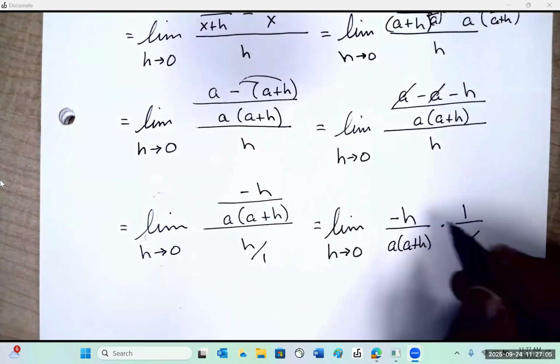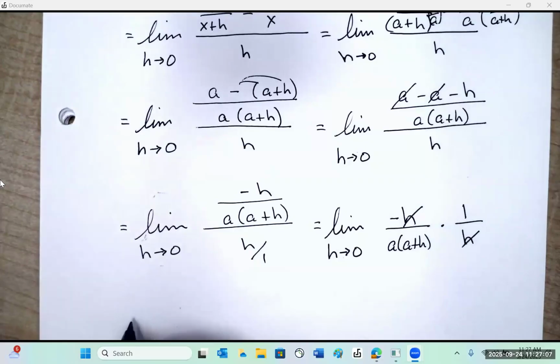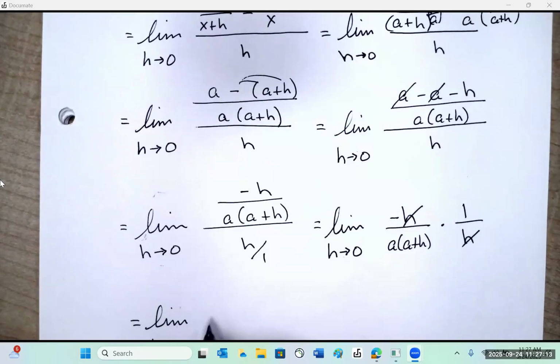The h's cancel. So we have the limit as h approaches 0 of -1 over a times a plus h.